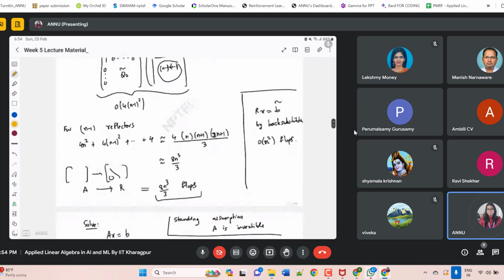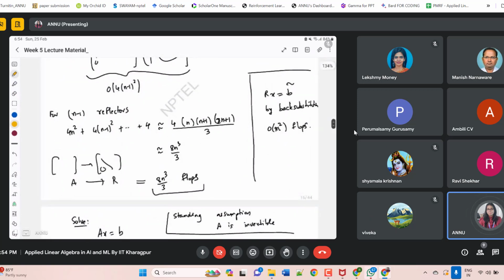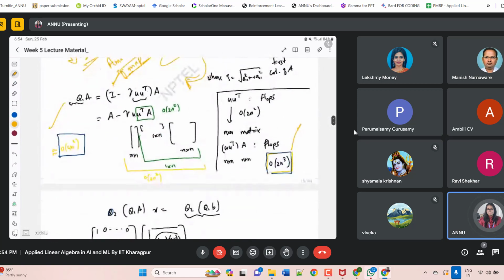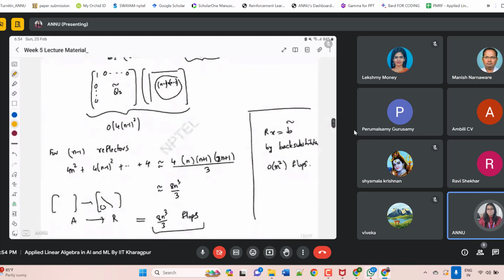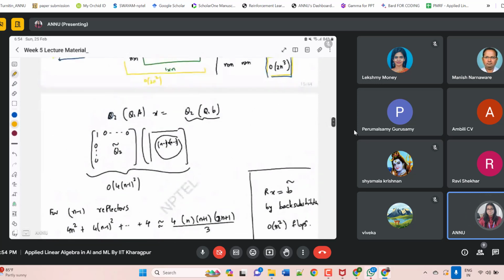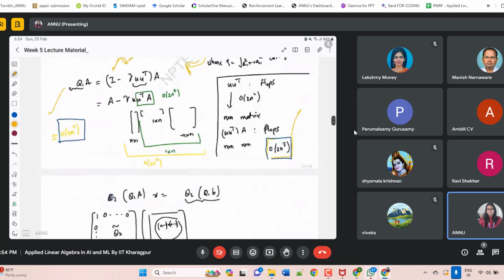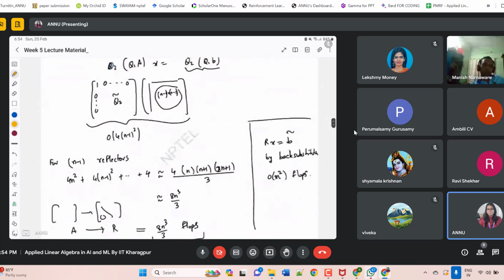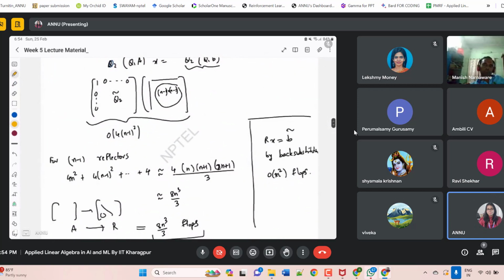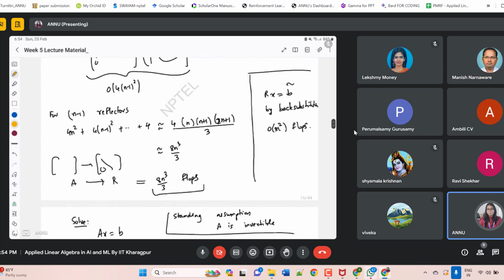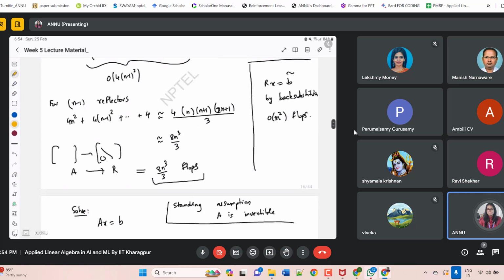So again, sir is telling how many flops are required, because we are multiplying with respect to n minus 1 reflectors. So for one reflector, how much is it? N square. So 4n square plus 4 times n minus 1 square, and later we get 8n cubed by 3 flops.